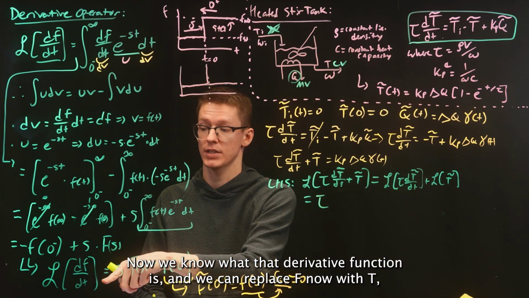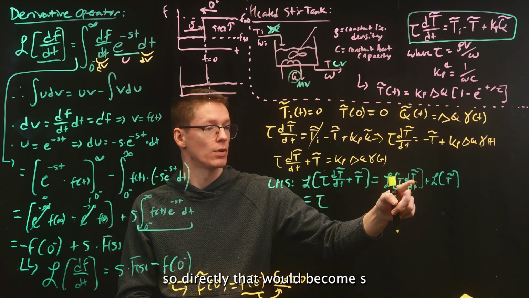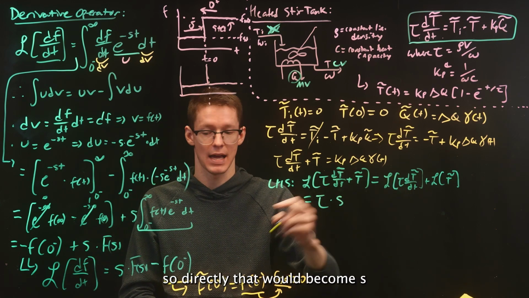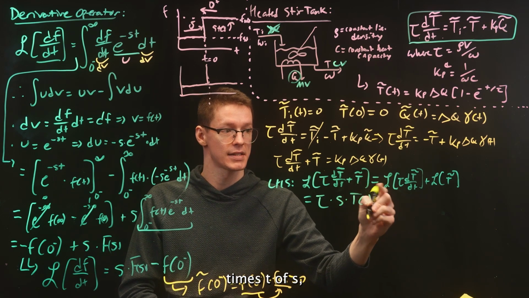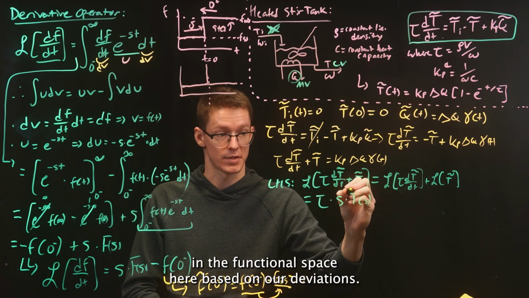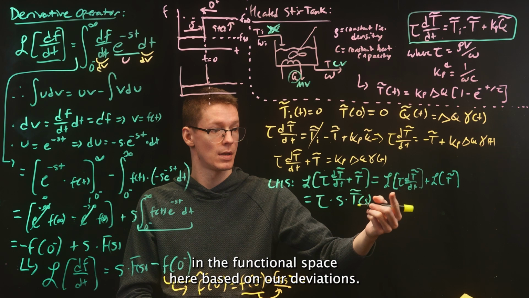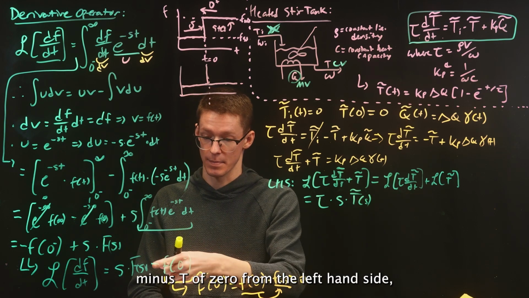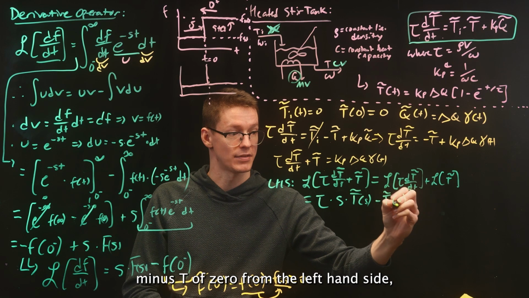Now we know what that derivative function is, and we can replace f now with T. So directly, that would become s times T of s, and this is still going to be in the functional space here, based on our deviations. In this case now, it's going to be minus T of 0 from the left-hand side.